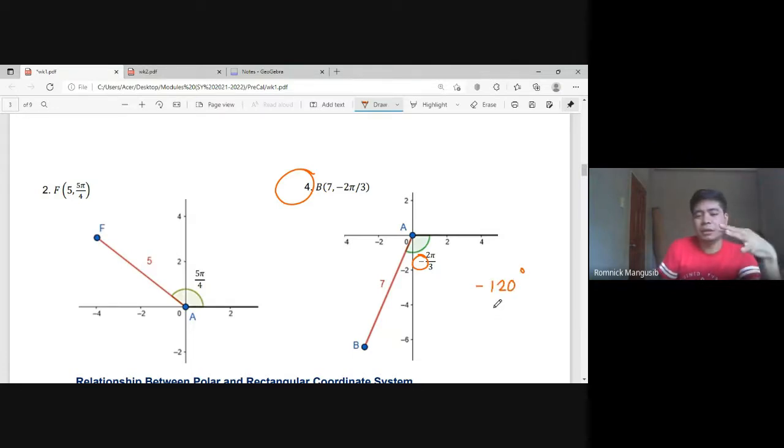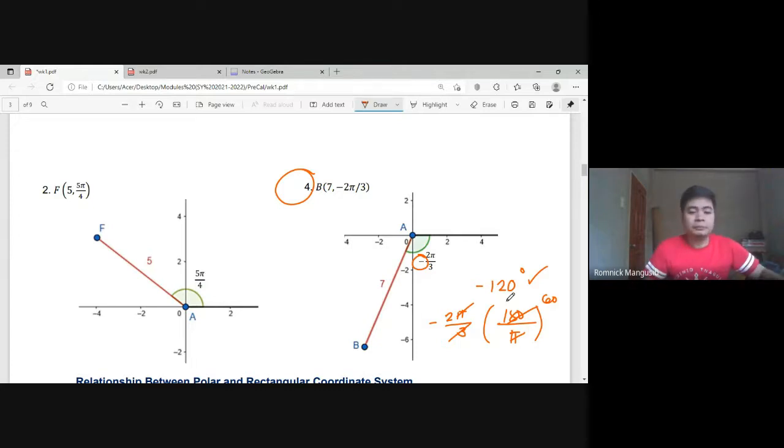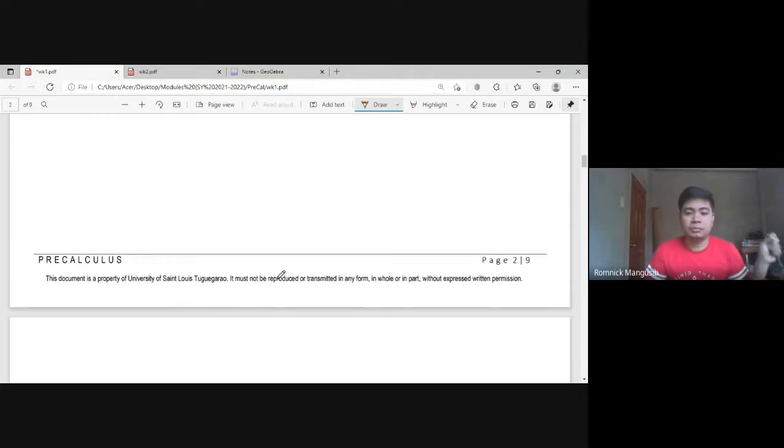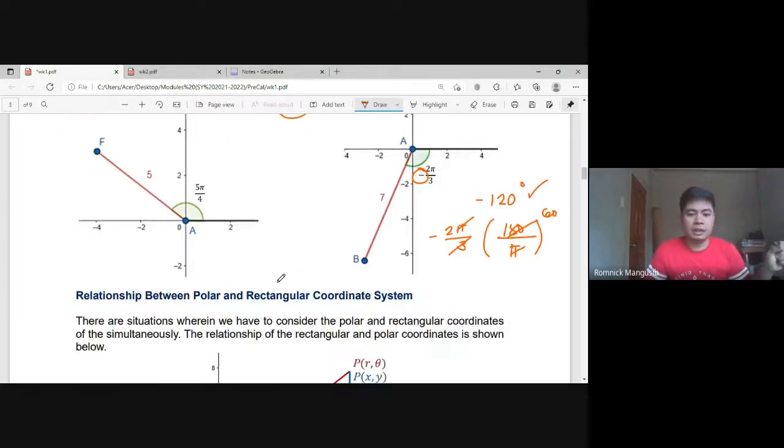Kapag i-convert mo lang ulit siya sa degrees, i-multiply mo lang ito sa 180 divided by pi. So mangyayari, this is 60. 60 times negative 2 is negative 120 degrees. Okay? And all others are shown clearly in this case.